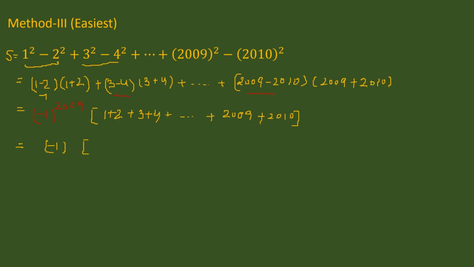So apply the formula for the sum of the first n natural numbers, that is 2010 times (n plus 1) divided by 2. Simplify this calculation and you will get the result minus 2021055. So that was the last method to solve this problem.